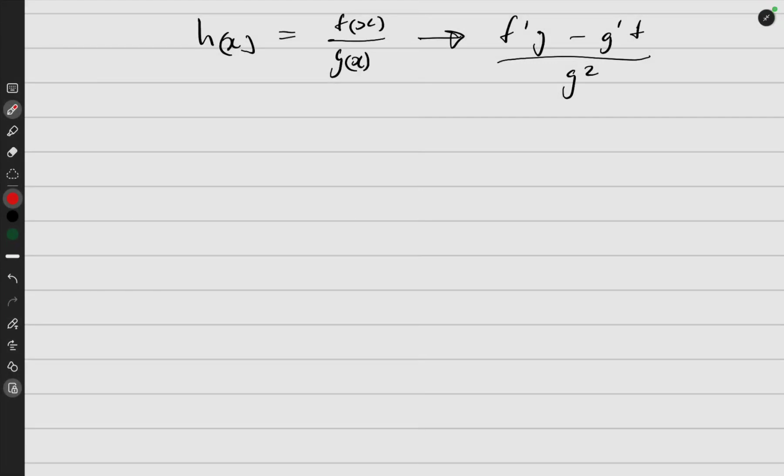We're going to be required to prove the quotient rule.